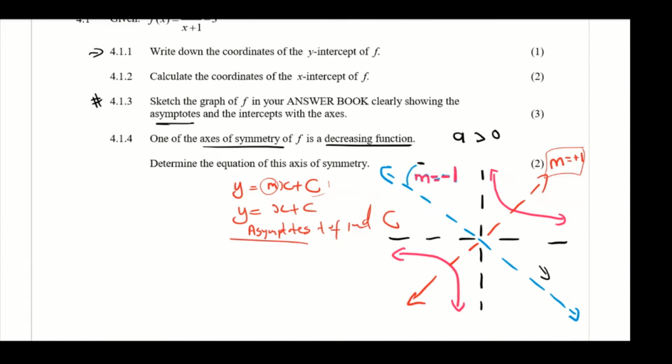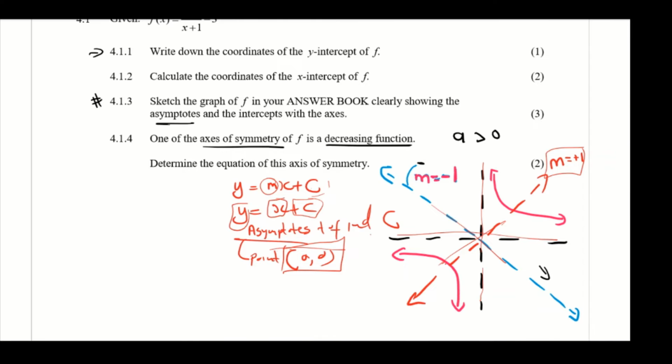You're going to use your asymptotes as a point, right? So let's say, for example, your asymptote is (0; 0). You're going to substitute 0 here and 0 here, which means your value of c is 0, right? So you always use the asymptotes for substituting as a point, because the axes of symmetry pass through these two lines here.